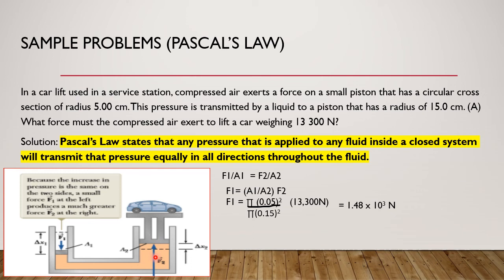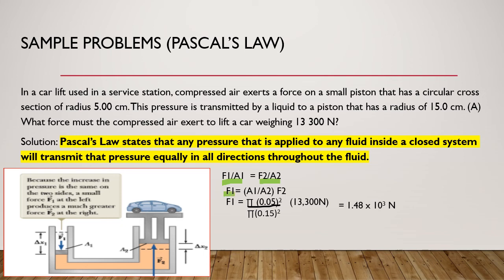Okay? Sa area na A2. Therefore, pressure here will be equal to pressure there, no? Kaya ano ba yung pressure? P is equal to F over A. Therefore, we have F1 over A1 is equal to F2 over A2.